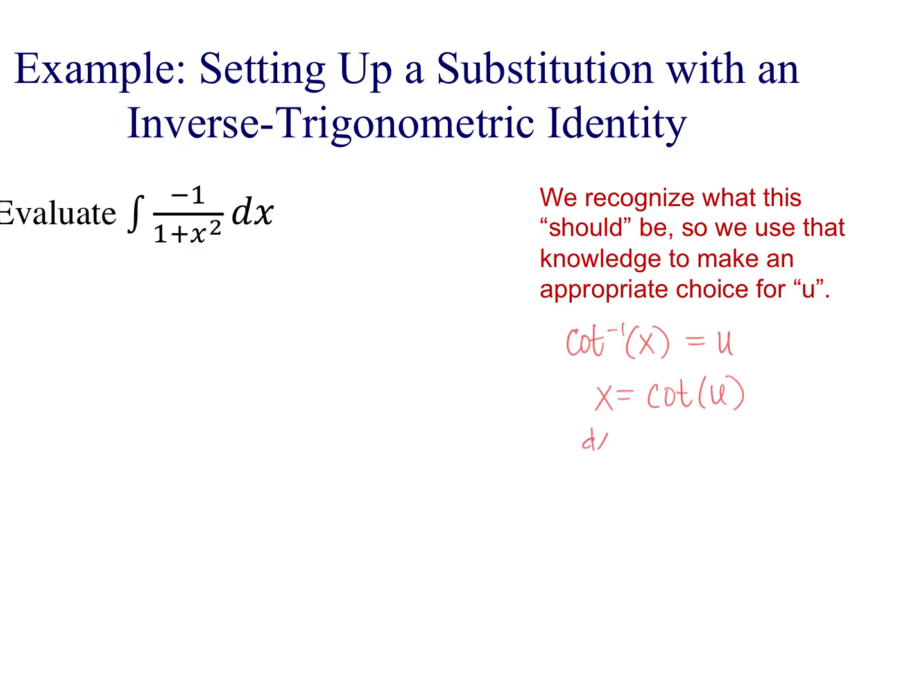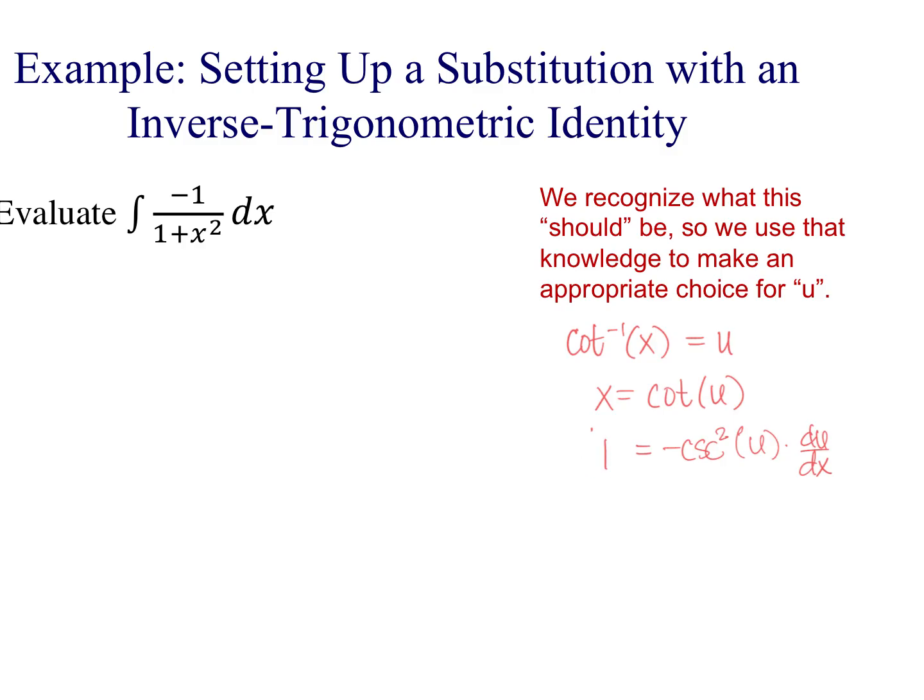Then I apply my derivative. So my derivative is dx dx equals, and the derivative of cotangent u is negative cosecant squared of u times du dx. And then I reduce the dx dx, so I reduce that to 1.